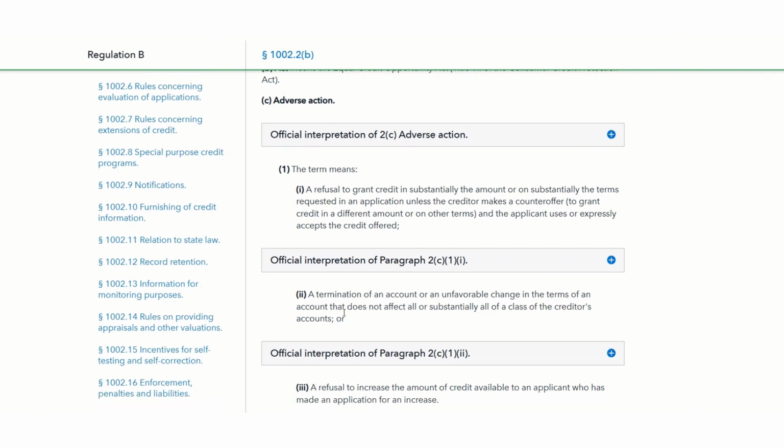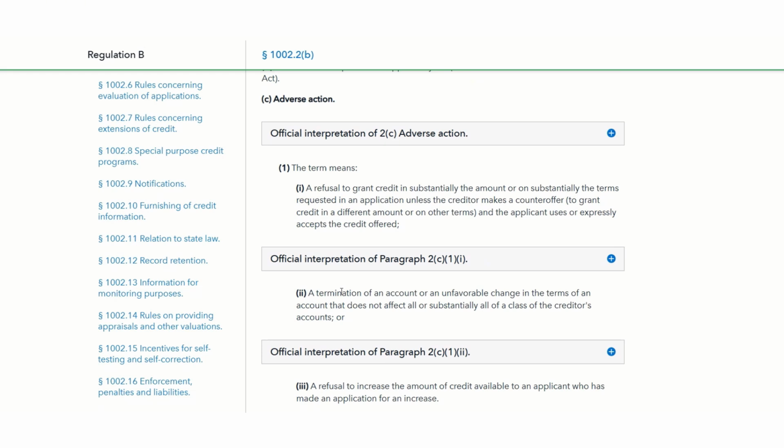But however, right here, a termination of an account or an unfavorable change in the terms of an account that does not affect all or substantially all of a class of the creditor's accounts. All right.